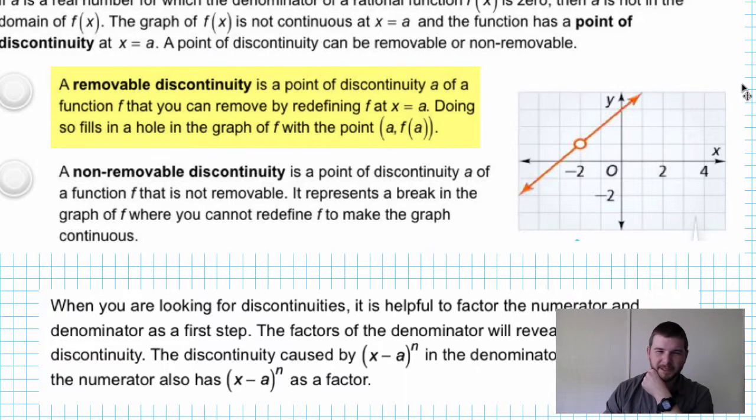A removable discontinuity is a point of discontinuity of a function f, so we'll let the orange graph represent our function f, that you can remove by redefining f at x equals a. So in this case, a will be the value -2, and it's as though this part of the function would just be redefined somewhere else.